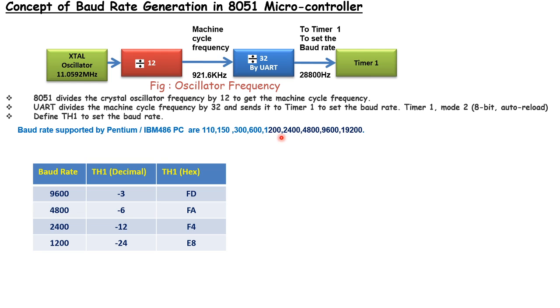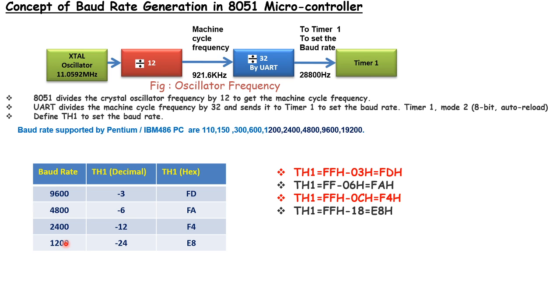This is for the lower version and this is for the higher version microcontroller: 1200 baud, 2400, 4800, 9600. So the baud rate will be decided by putting the TH values decimal -3, -6, -12, -24, and hexadecimal FD, FA, F4 and E8 for these baud rates.